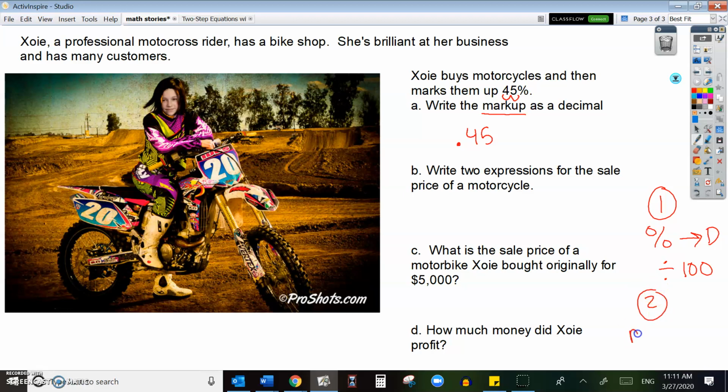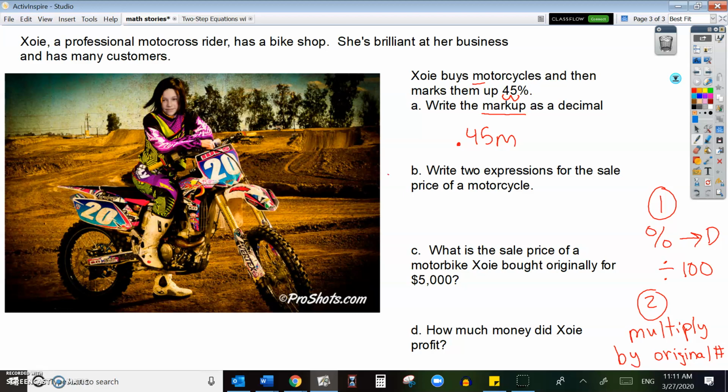Step 2 is to multiply by the original number. So in this case, you don't know the original number, but you know it's a motorcycle. So put M for motorcycle, and that is the way to write the markup.